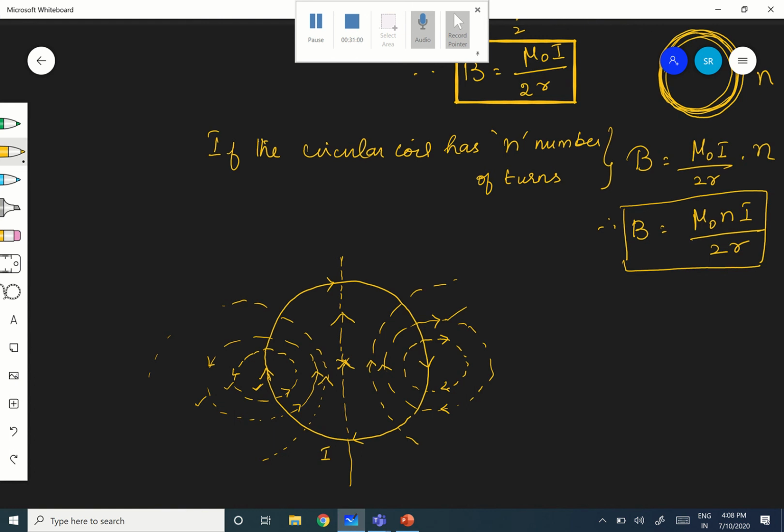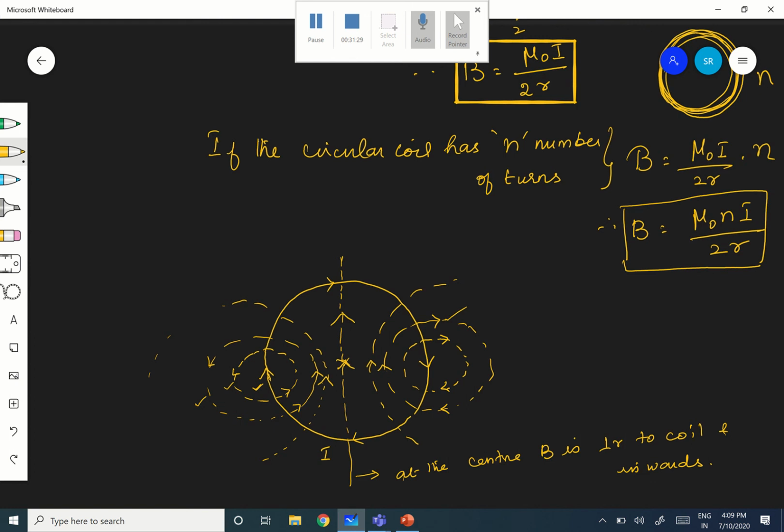lines due to a current carrying circular coil, where the current is in the clockwise direction. Okay, therefore at the center, B is perpendicular to the coil and inwards. And if it is anti-clockwise direction, the direction will change. That you have to apply and do.